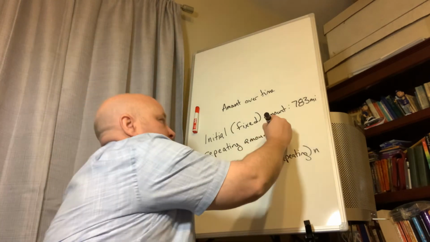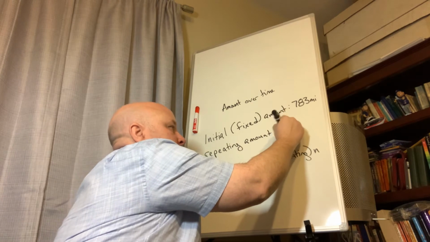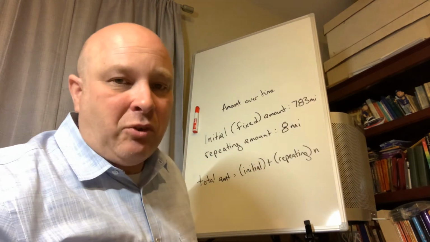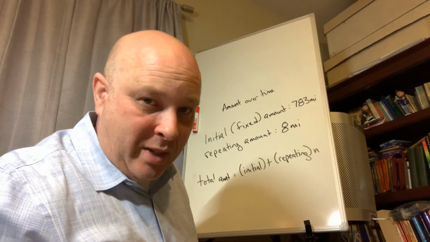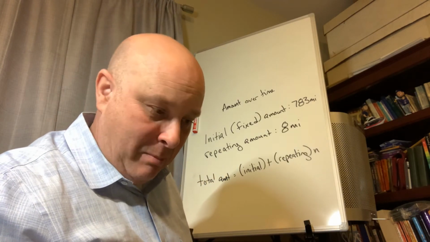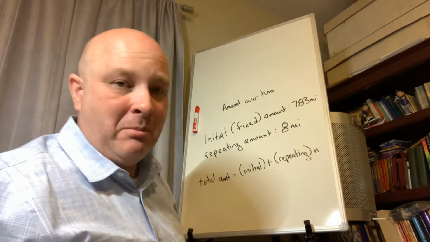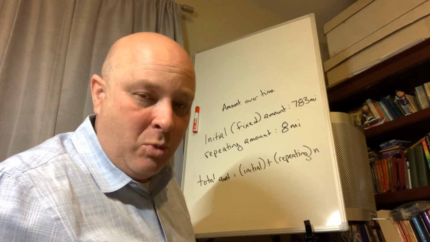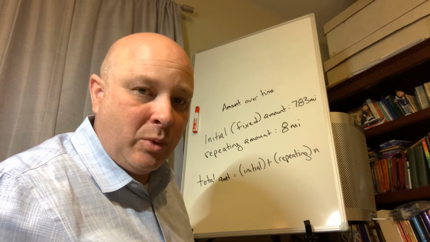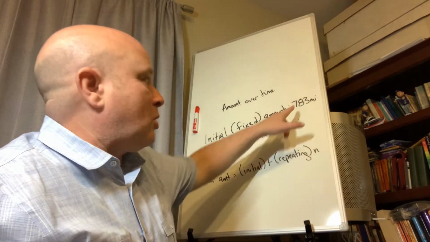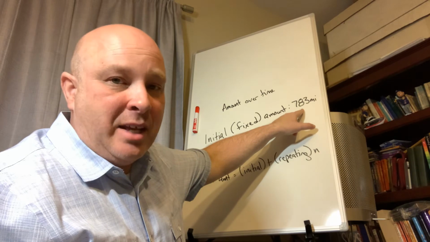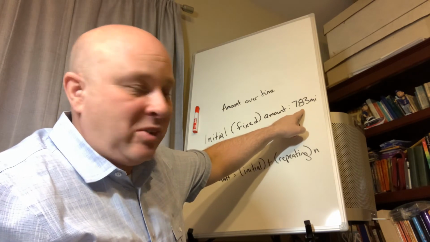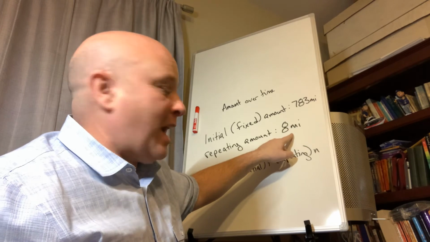And then each year after that, we're going to assume that they're going to build and pave an additional 8 miles. Your questions in your homework are going to have to do with this concept. So if we start off with 783 miles in 2014, well, in 2015, they add 8 more miles.